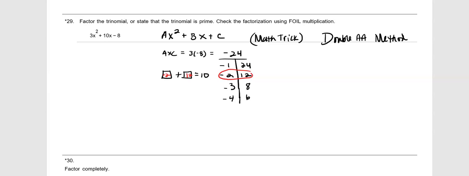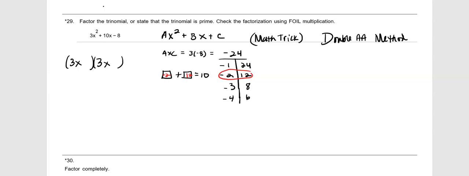So now that we have those two numbers that we're going to use, here's how we begin the double A math trick. The first thing that we want to do is bring down 3x into the first terms in both binomials.